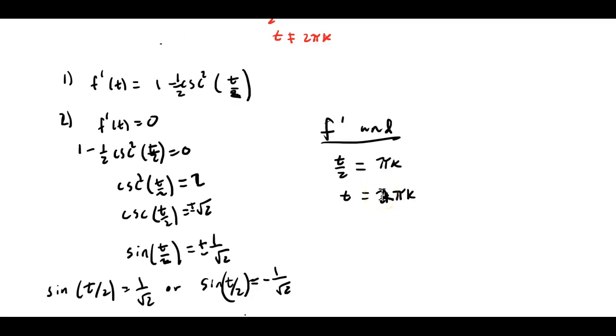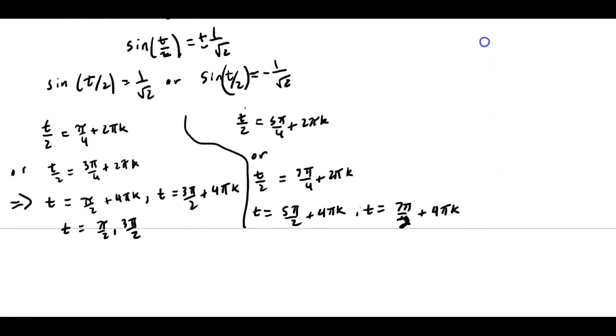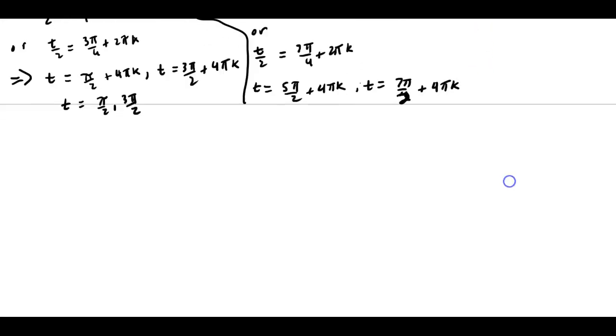But the point is that none of these values are going to be in the interval we are looking at, so we don't have to worry about them and can just ignore those. So the only critical numbers are going to be t equals pi over 2 and 3 pi over 2.